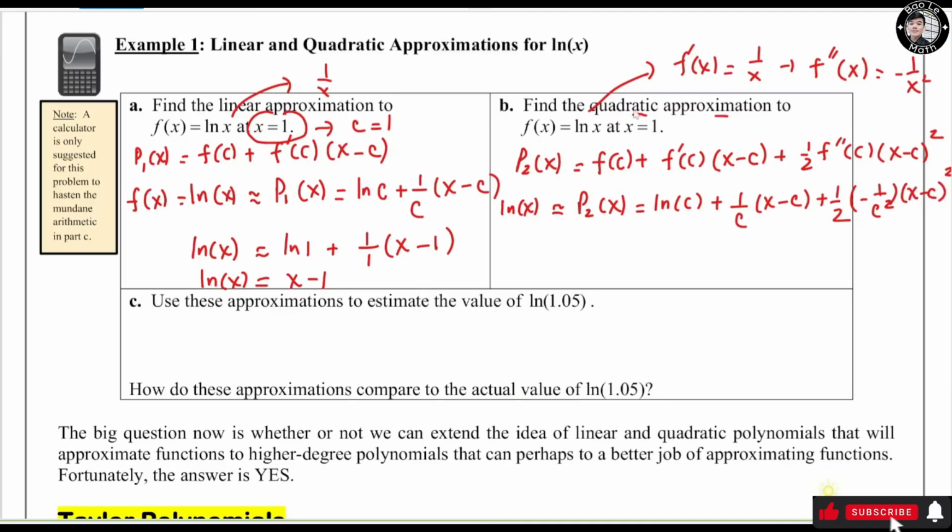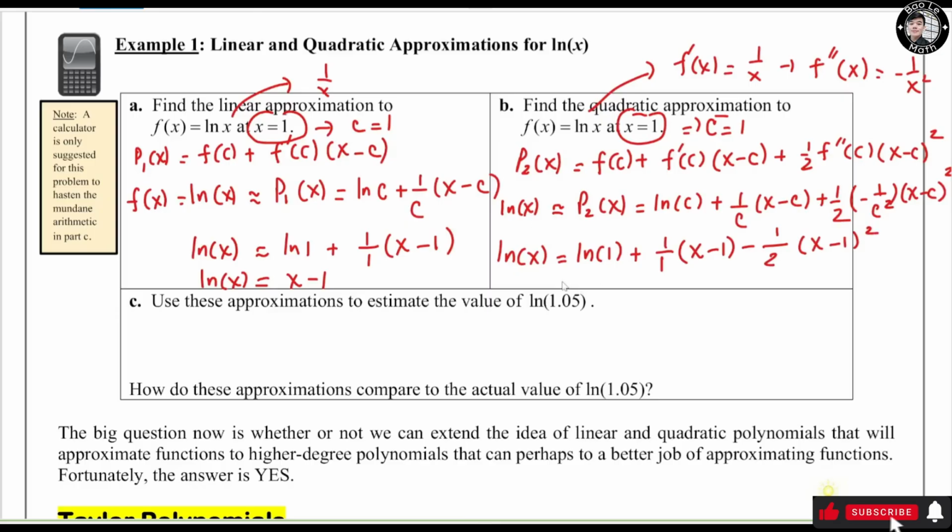Now you have x equals 1, which means c equals 1, so substitute 1 for c. So you have ln of x equals ln of c, which means ln of 1, plus 1 over 1 times (x minus 1), minus 1 over 2 times (x minus 1) all squared.